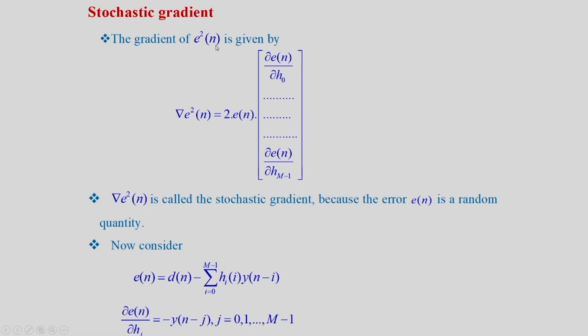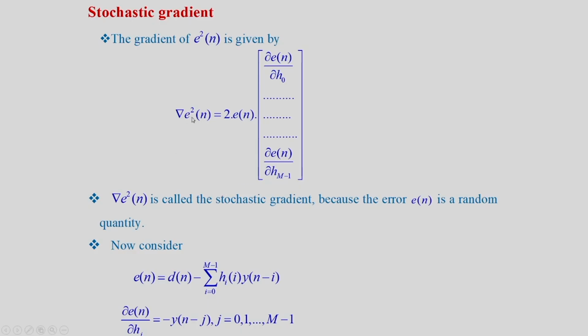Now, the gradient of E squared n is given by 2 times En into this vector: del En del h0 up to del En del h m minus 1.